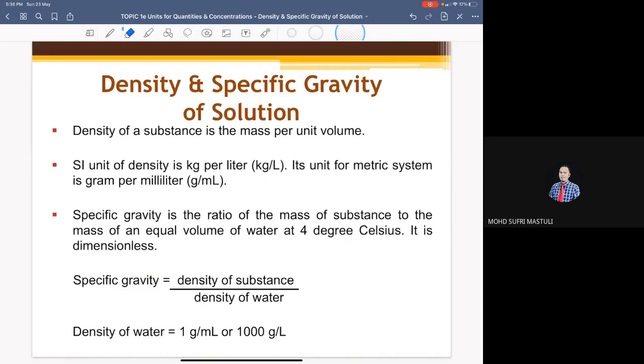Specific gravity is the ratio of the mass of a substance to the mass of an equal volume of water at 4 degrees Celsius. It's dimensionless. So the specific gravity is the density of the substance over the density of water. The density of water is 1000 gram per liter or 1 gram per milliliter.